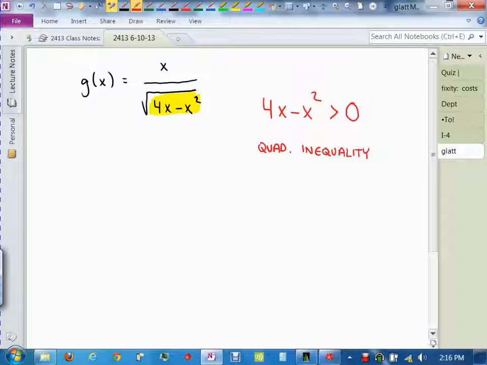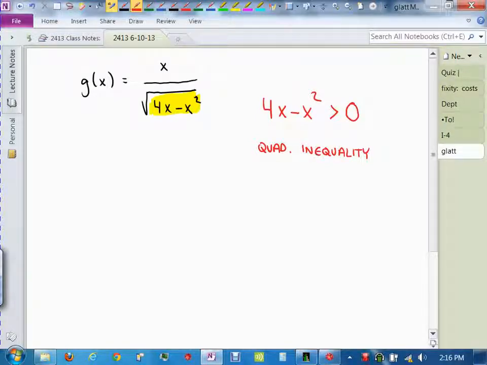It's very different than a quadratic equation. Because if it's a quadratic equation, we could just try and factor it, set each factor to 0, we'd be done. Or you can always use the quadratic formula for a quadratic equation. Quadratic inequalities are much trickier than quadratic equations.